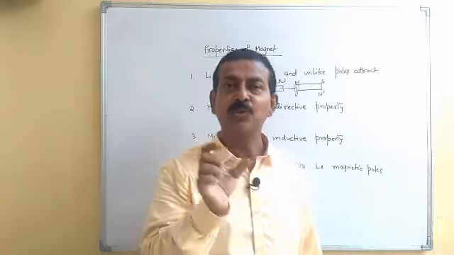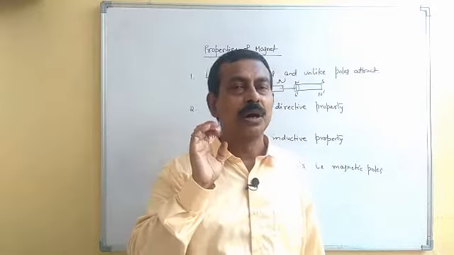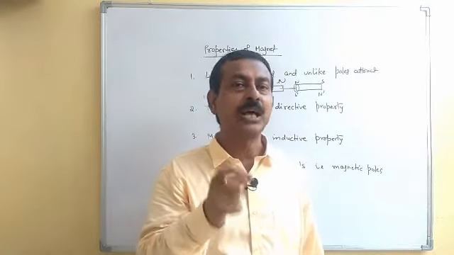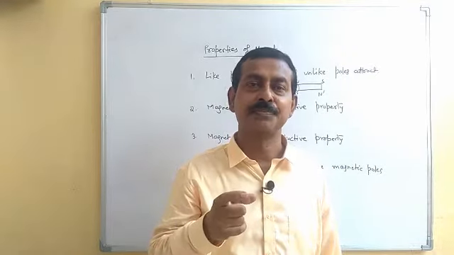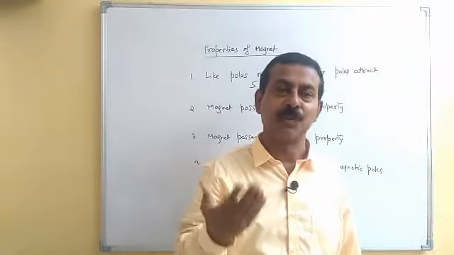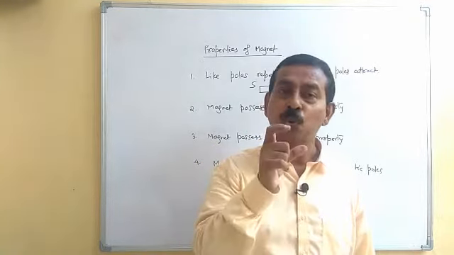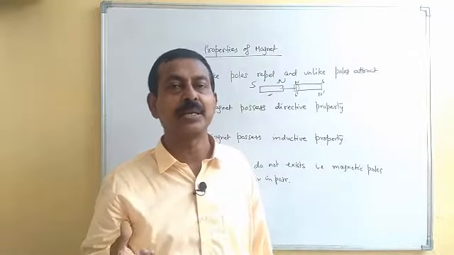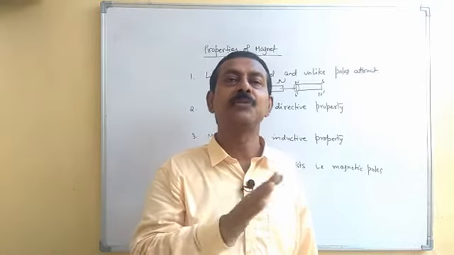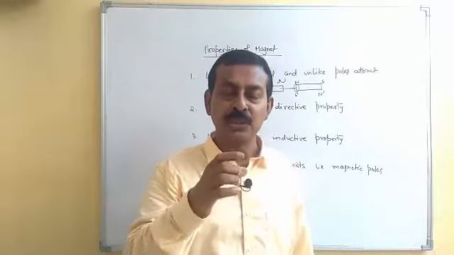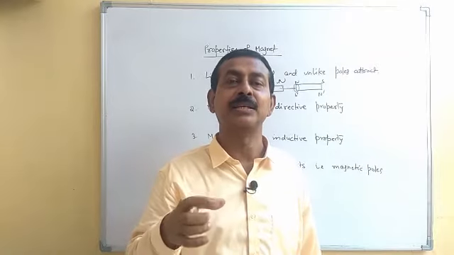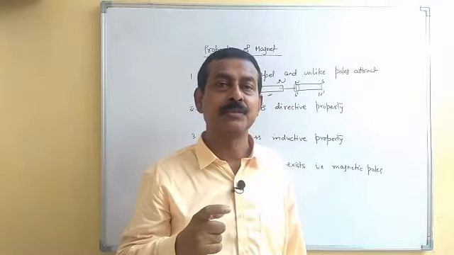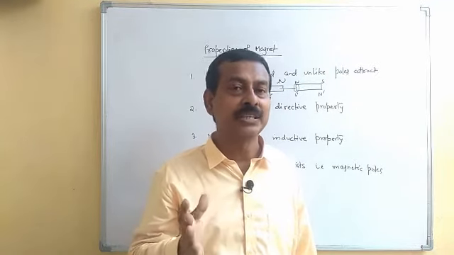Since the old one was kept in the shelf without mishandling, appearance-wise it was as good as a new magnet, whereas the new one was basically a strong magnet. So the old one was a weak magnet and the new one was a strong magnet, although appearance-wise they were similar. So they were confused that these were identical magnets. They were identical only in appearance, but not in terms of strength.